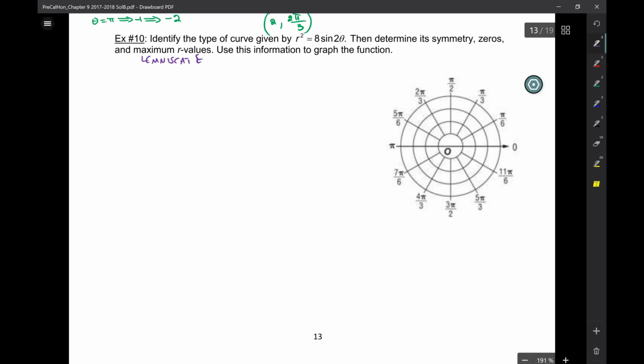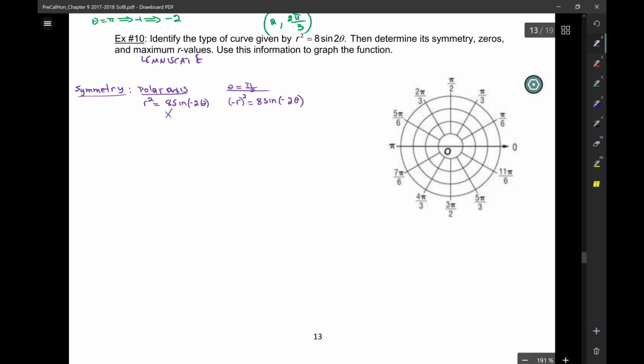So we test for symmetry around the polar axis. For that we do r squared is equal to 8 sine negative 2 theta, and you don't get sine back for that one, so that doesn't work. For theta equals pi over 2, I switch both r and theta.